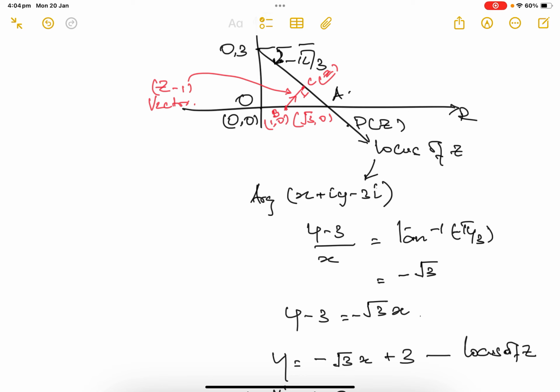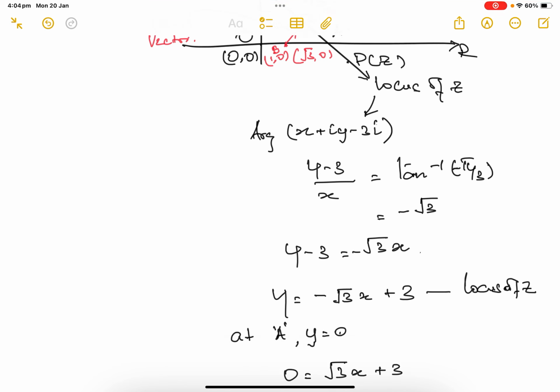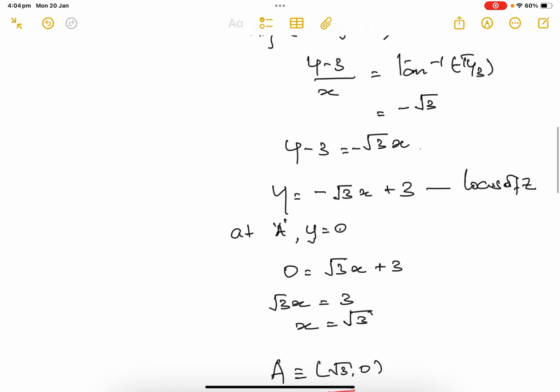Tan of minus pi by 3 is minus root 3. Cross multiplying, y minus 3 equals minus root 3 x. From that, y equals minus root 3 x plus 3. That's the equation of the locus of z.